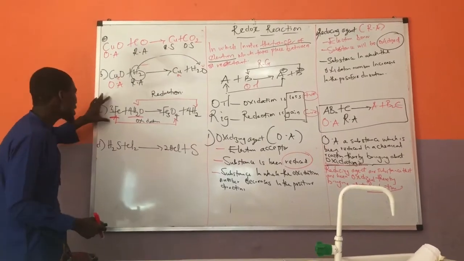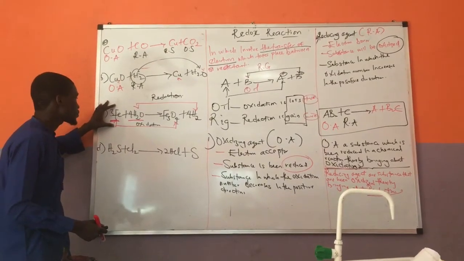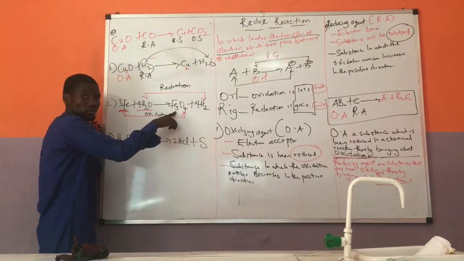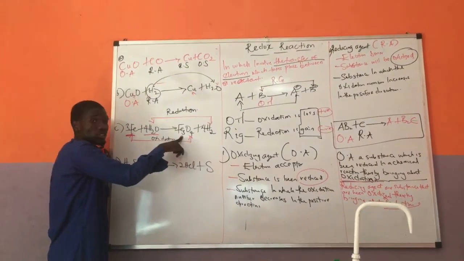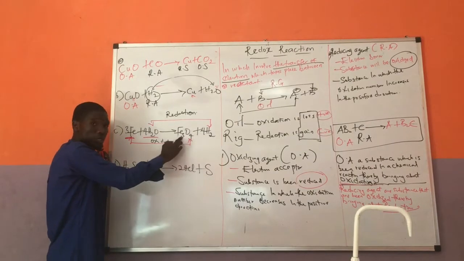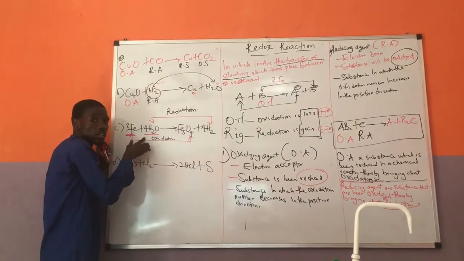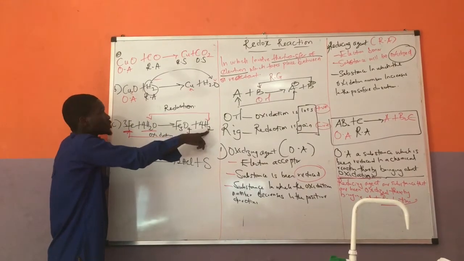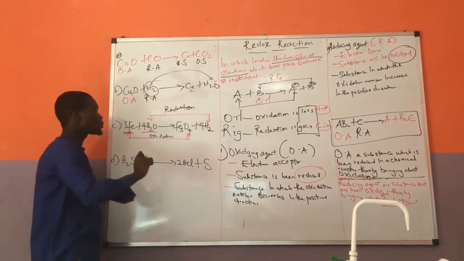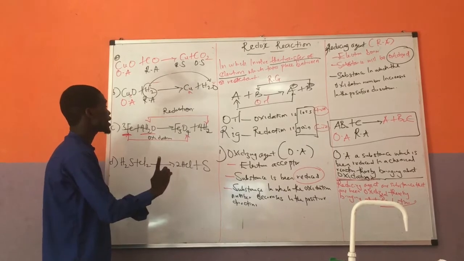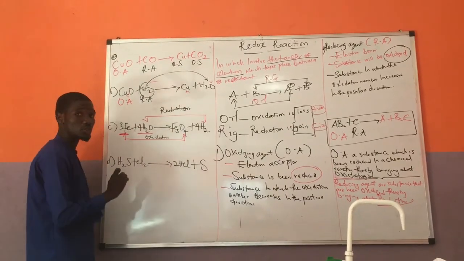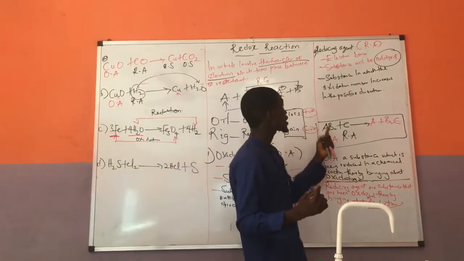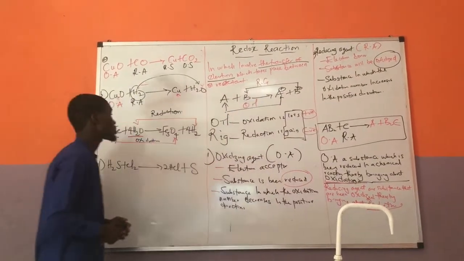So now this iron here is being oxidized towards this particular compound here. Why for this now? This water here is being reduced to what? Hydrogen gas. So what you want to identify is if a substance is being reduced, we call it what? Oxidizing agent. When a substance is being oxidized, we call it a reducing agent.